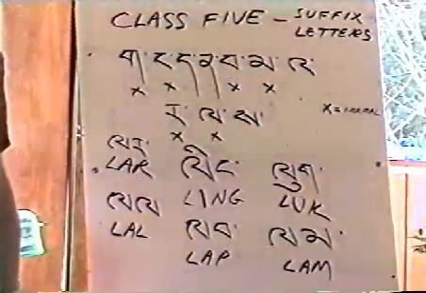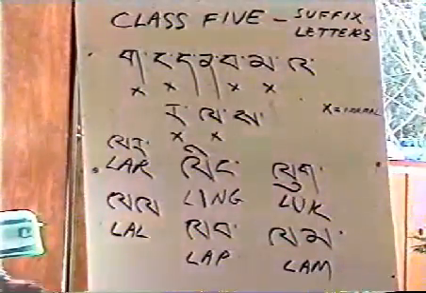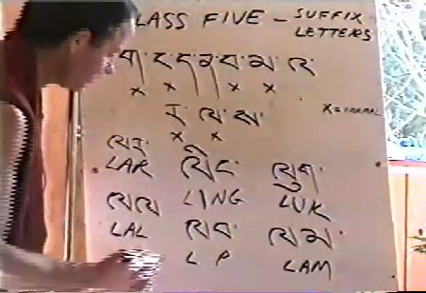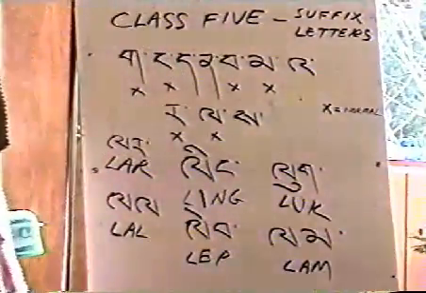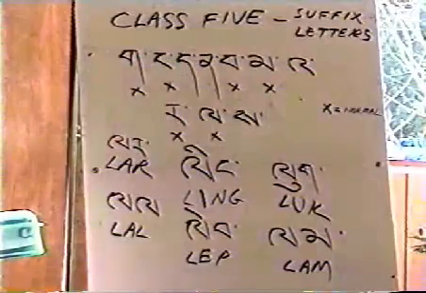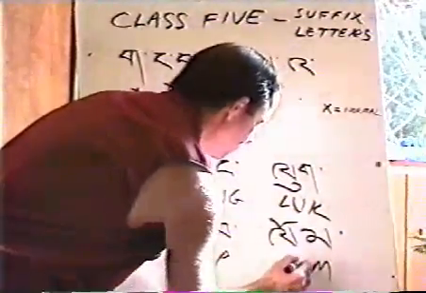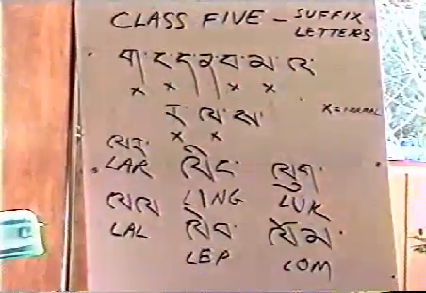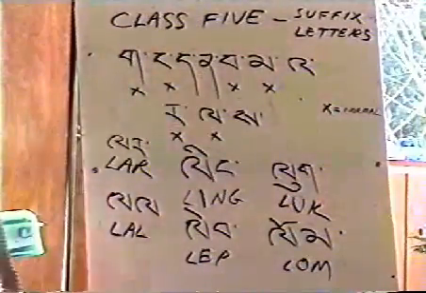No problem. Okay. Let's try a dengbu over here. Lip. Let's try a naro over here. Lom. All predictable. That's all the vowels you'll ever see.